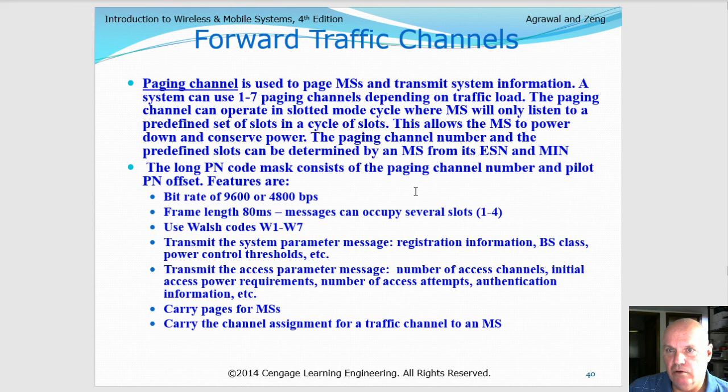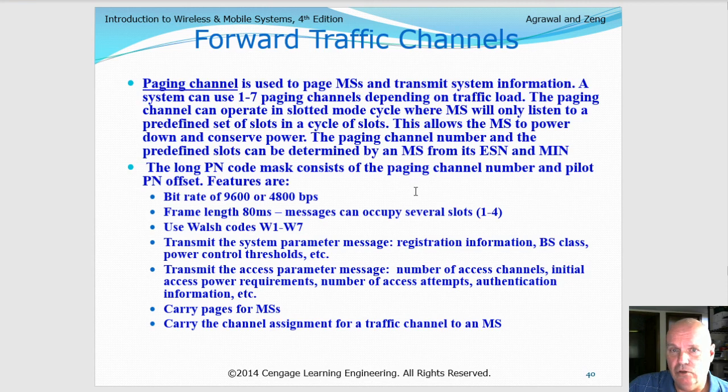The paging channel is used to page mobile systems, or let them know that a phone call is intended for them. So again, this paging channel is shared by all the different mobile systems connected using that cell.